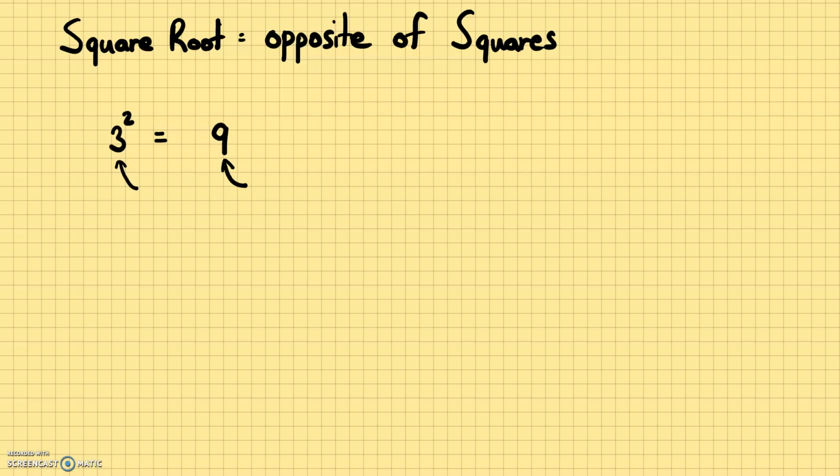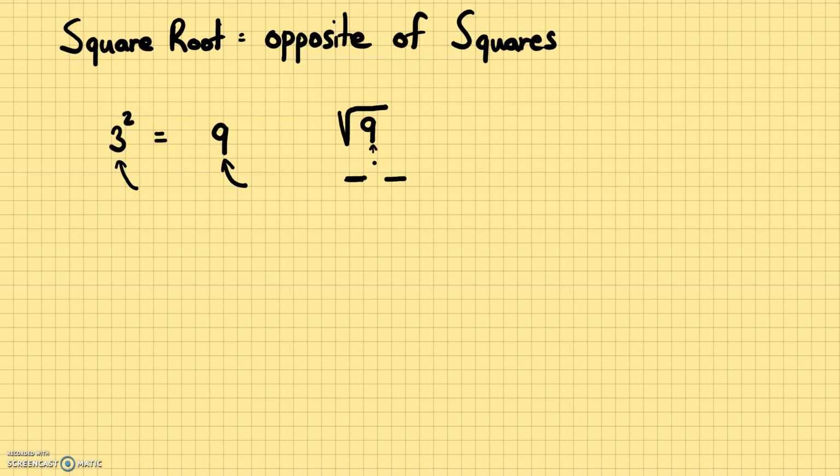Okay? And how you write the square root is like this. It looks kind of like a division symbol, but it's not actually that. So the square root of 9, a way of writing square root of 9 would be this. Okay, and this means which two same numbers when multiplied together give you 9.